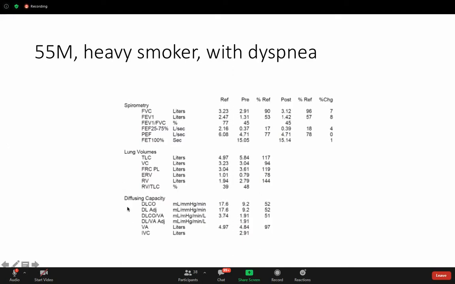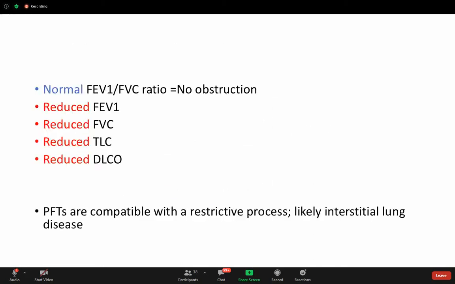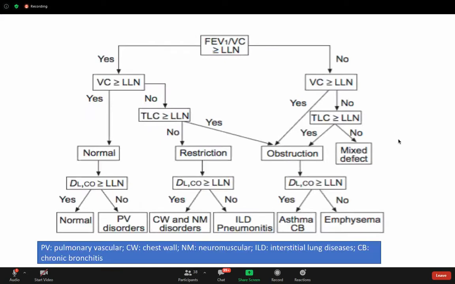DLCO. Okay. Whoever asked for the DLCO, it's 52% of predicted. Is this low? It is low. So what's the conclusion? I will go back. So the ratio was low.